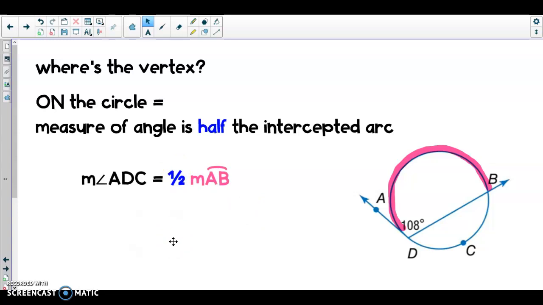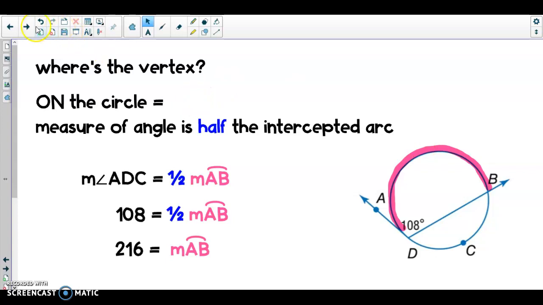Since we know that the angle is 108, if we times the 108 by 2, we see that the measure of arc AB is 216, which is in fact a major arc because it is greater than 180. So that confirms that it is a major arc there. So again, if the vertex is on the circumference of the circle, then the angle that is created is exactly 1/2 of the intercepted arc.